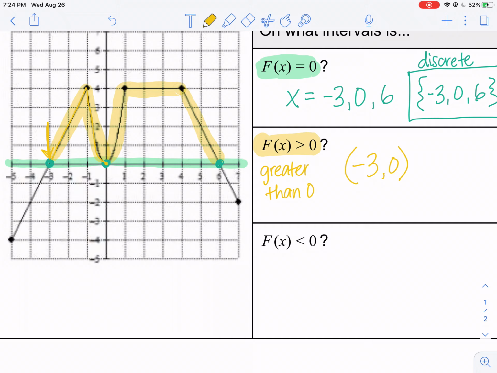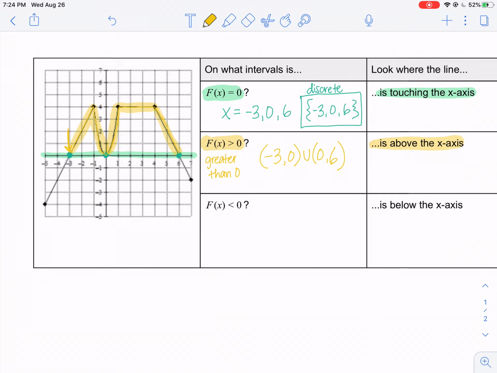So at that exact point, I have to pick up my pencil, and then I'm going to put a U, and then it starts back up again right away. So from 0 to 1, 2, 3, 4, 5, 6. And then at 6, it's going to stop being greater than 0. So those are the places where it is above the x-axis.